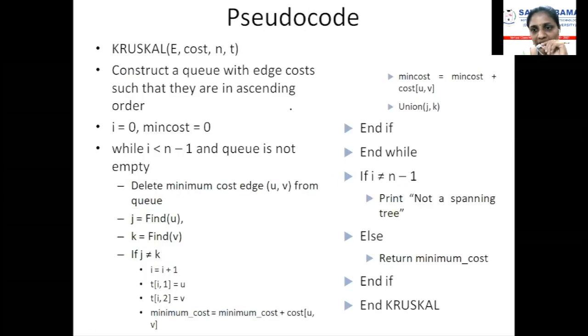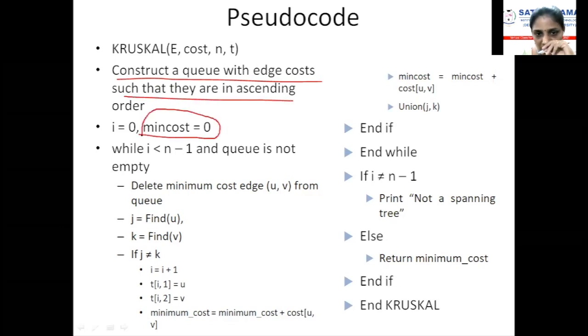If you want it as program lines, in individual steps, then you can use this algorithm. First, it is constructing a queue where the cost is given in ascending order. Initially we assume the cost to be 0. Then for all the nodes, you delete the values from the queue and find out whether the vertices connecting the edge fall in two different sets.